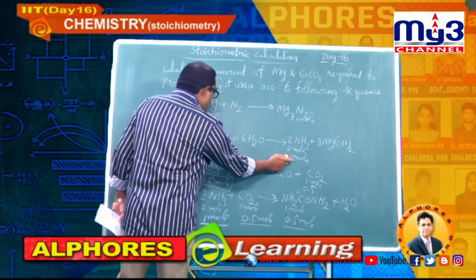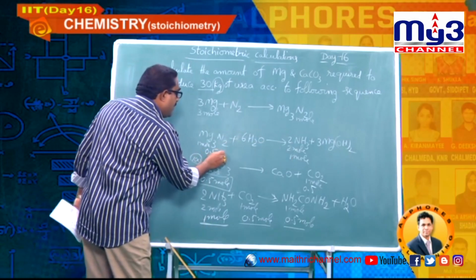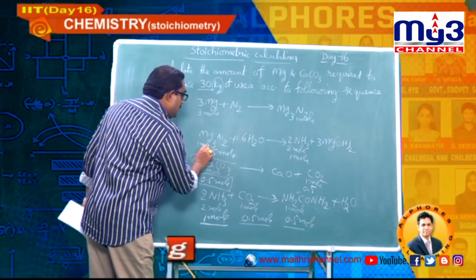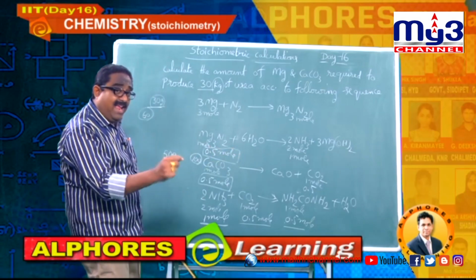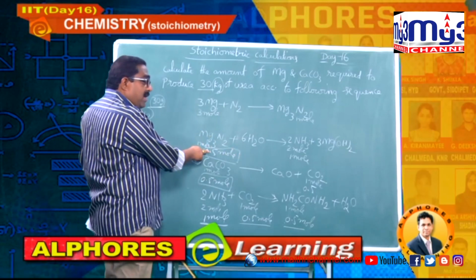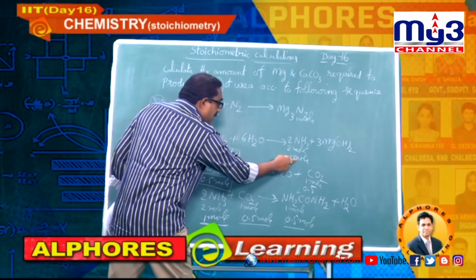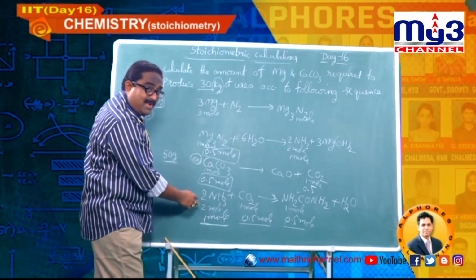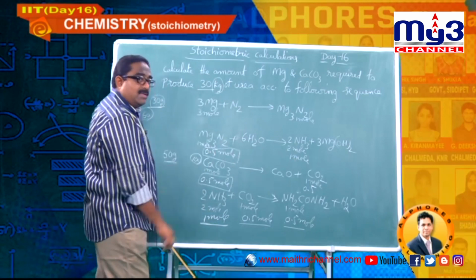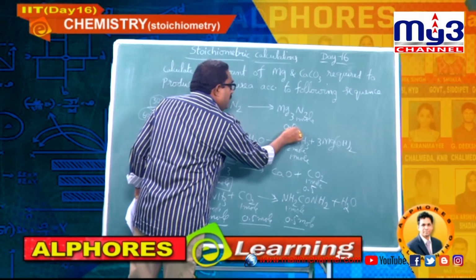Here only 1 mole is needed, so our answer is 0.5 mole. So the magnesium nitride requirement is 0.5 mole, because 1 mole gives 2 moles, so 0.5 mole gives 1 mole. Observe it, students, very important.